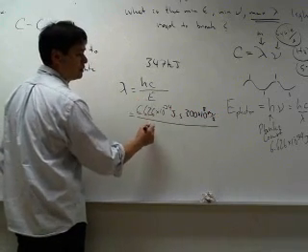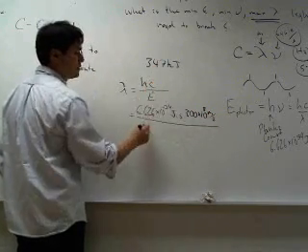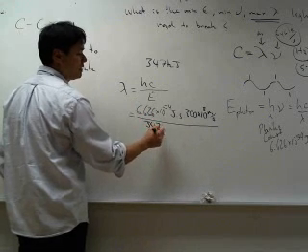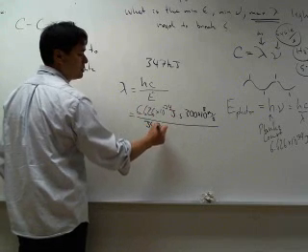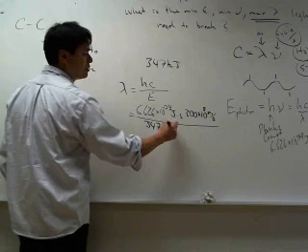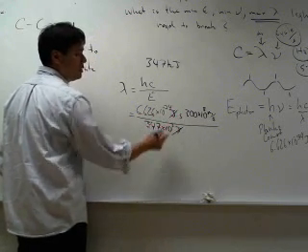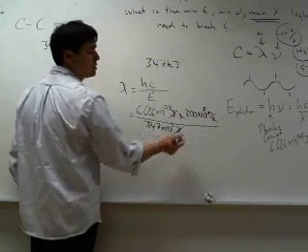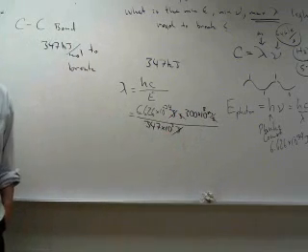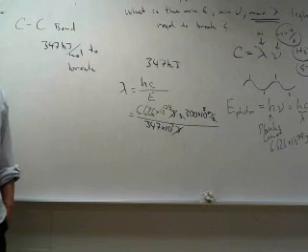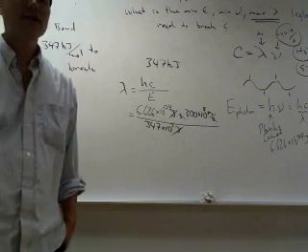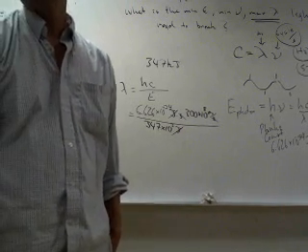E is 347 kilojoules, right? This is in joules here, so let's do 347 times 10 to the third joules. So joules cancel out joules, seconds cancel out seconds, and gives us the wavelength in meters. And so let's calculate that, the wavelength in meters.